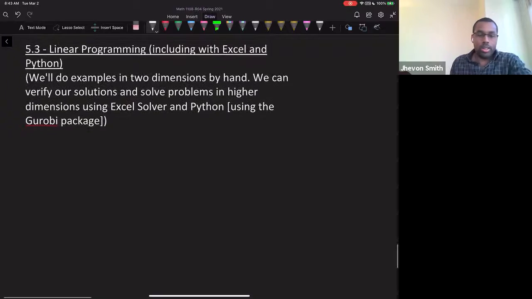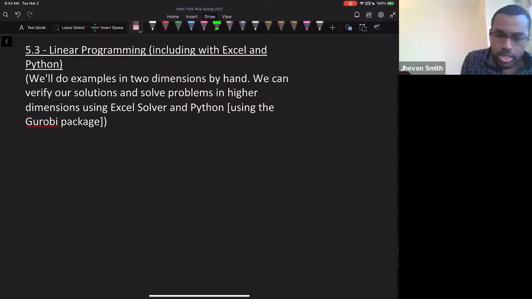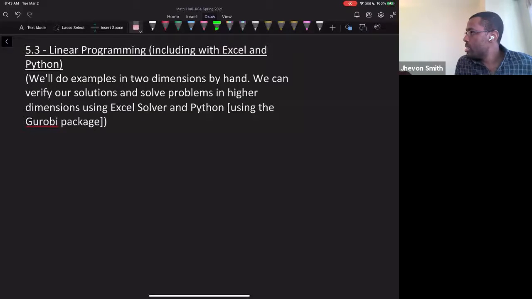Some definitions are in order. So why would you need linear programming? Well, there's a very wide field in applied mathematics called optimization.